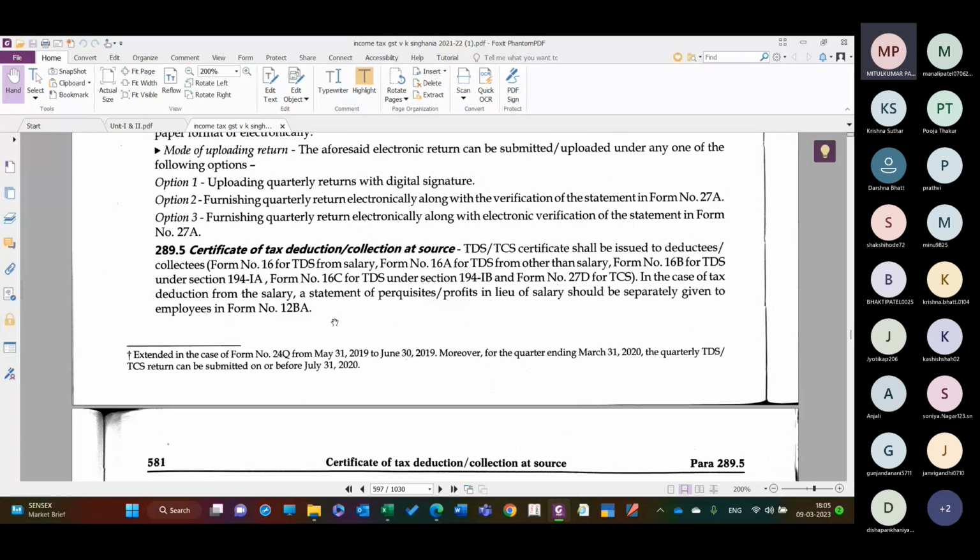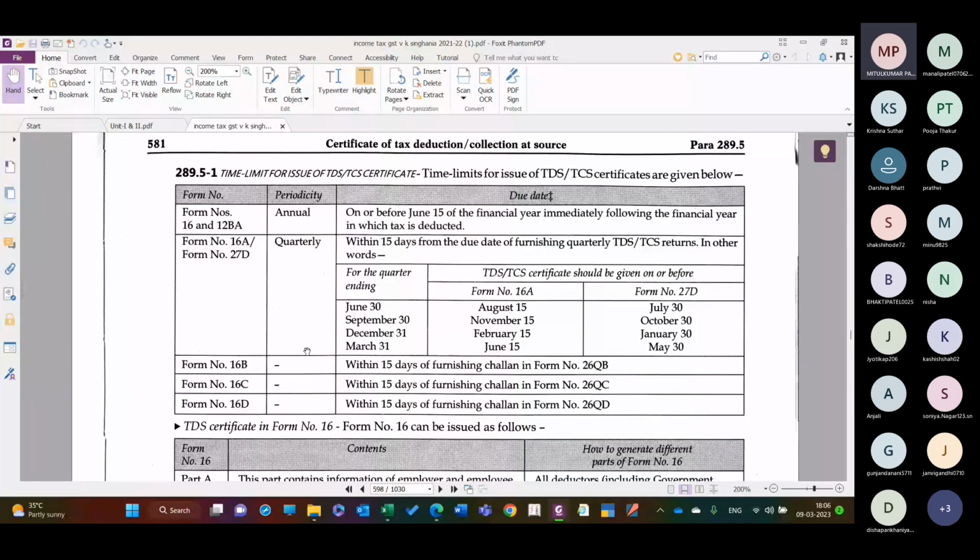So there are basically two major widely used forms. One is form number 16, which is issued if the TDS has been deducted from salary. That is form number 16 only. And 16A for other than salary. Other than salary होता है वहाँ पे 16A होता है.